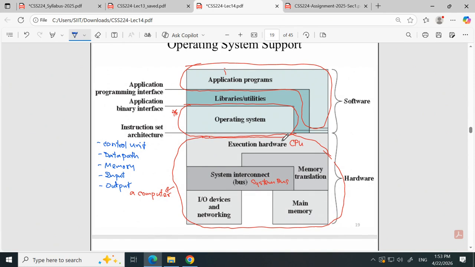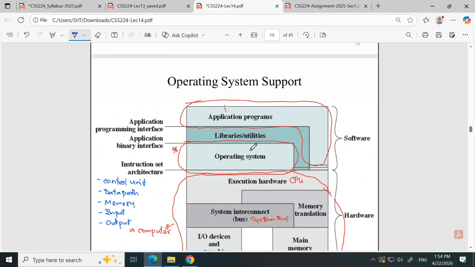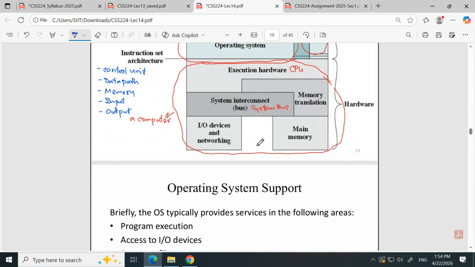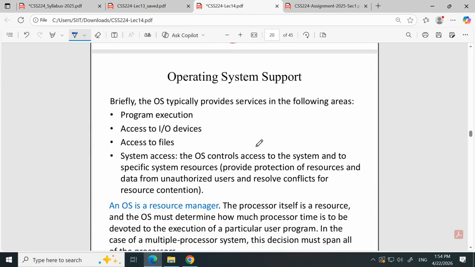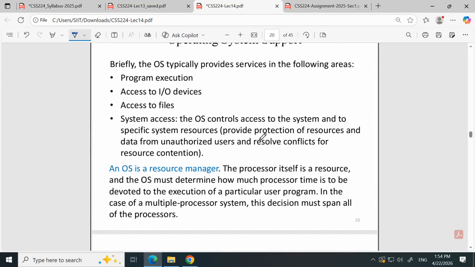If your computer doesn't have any inputs and outputs, what can happen? Your computer would be useless, right? You cannot do anything with your computer. So these are precious resources that your operating system needs to take care of. If you have to do it on your own manually, really hard.